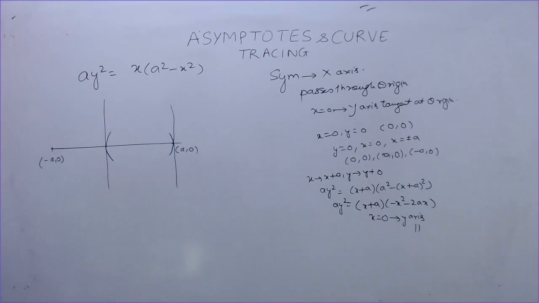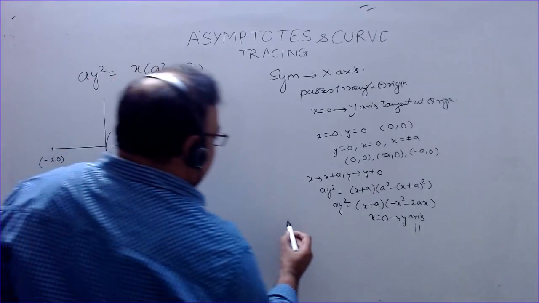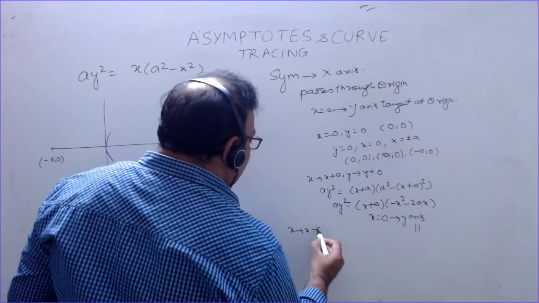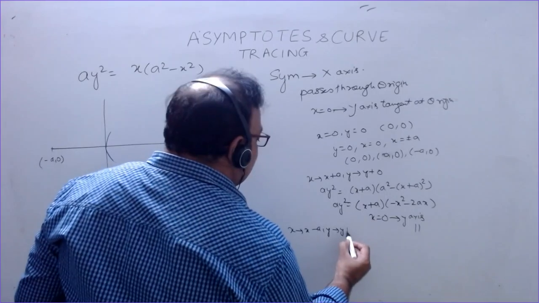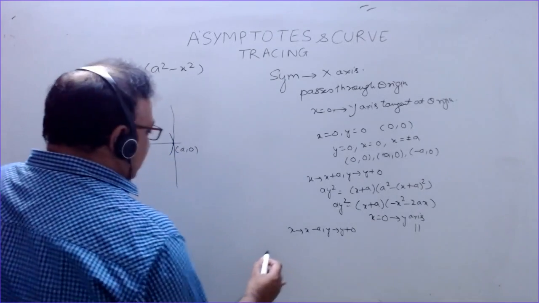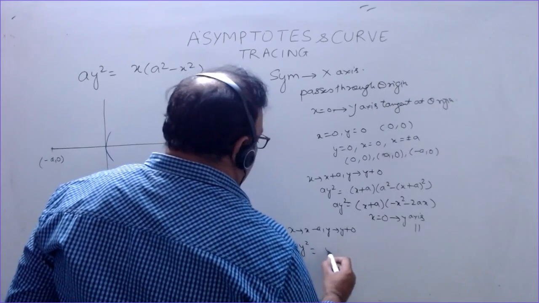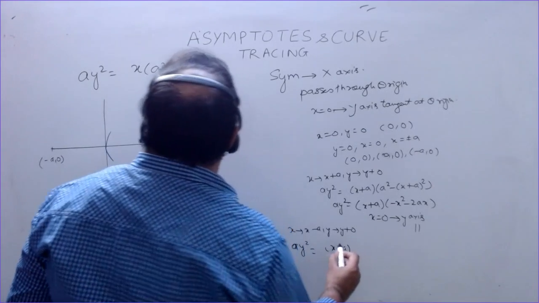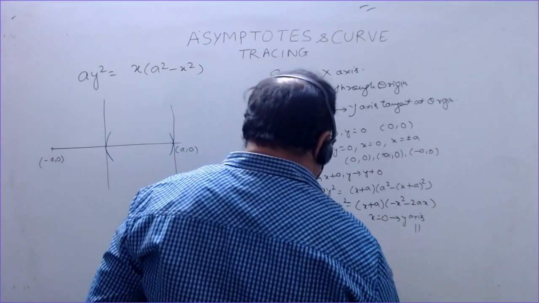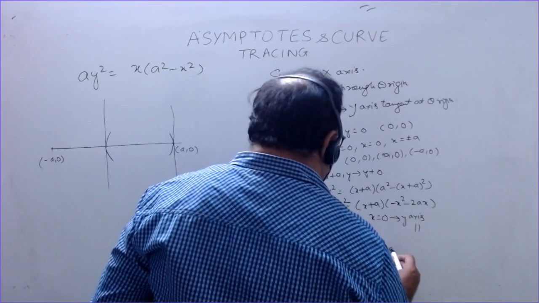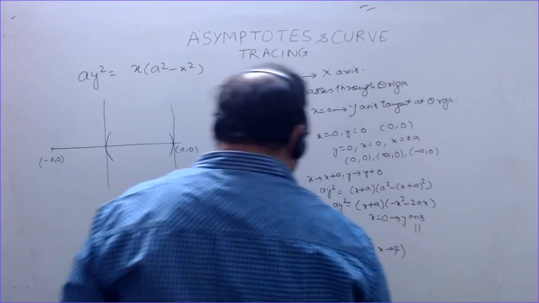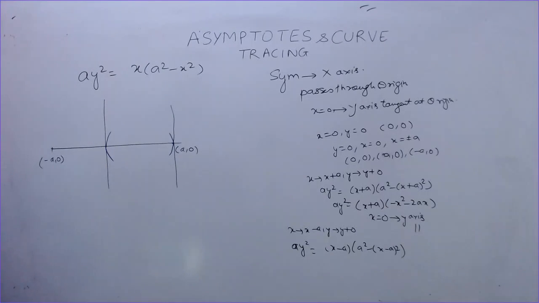Now find the tangent at (-a,0), and for this shift x to x minus a and y to y plus 0. So the equation becomes a y square equal to (x minus a) into (a square minus (x minus a) whole square), and equate to 0 the lowest degree term in this equation.